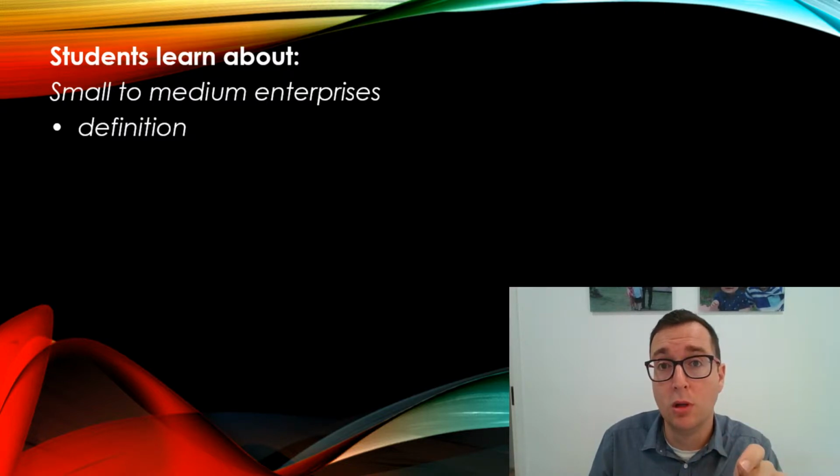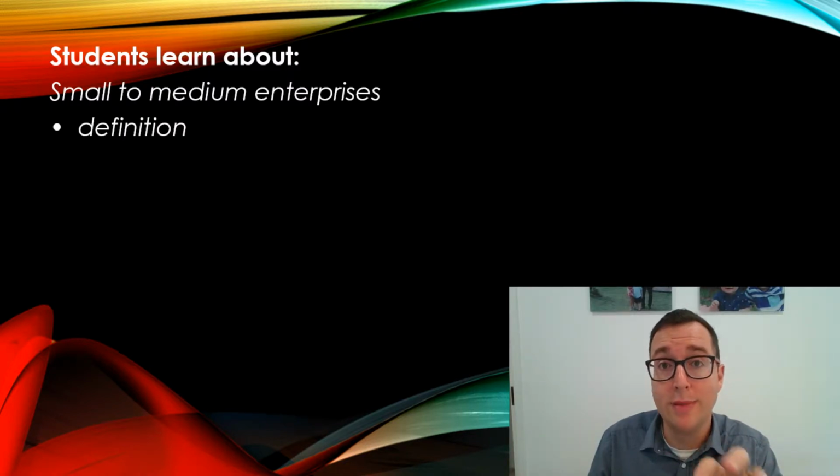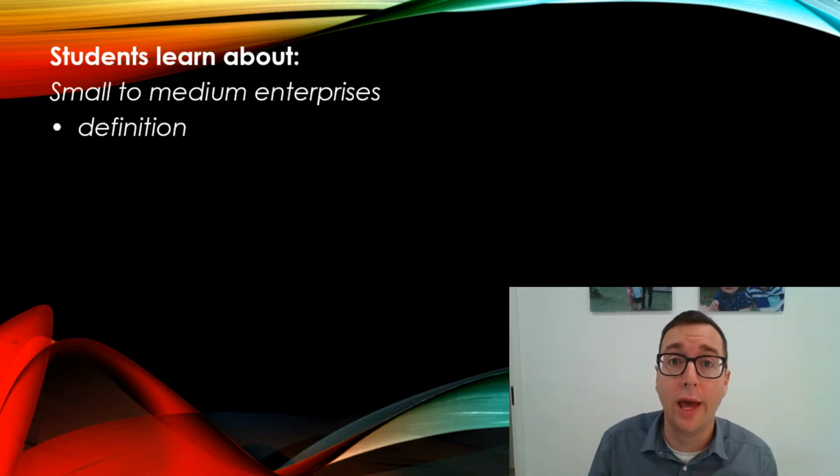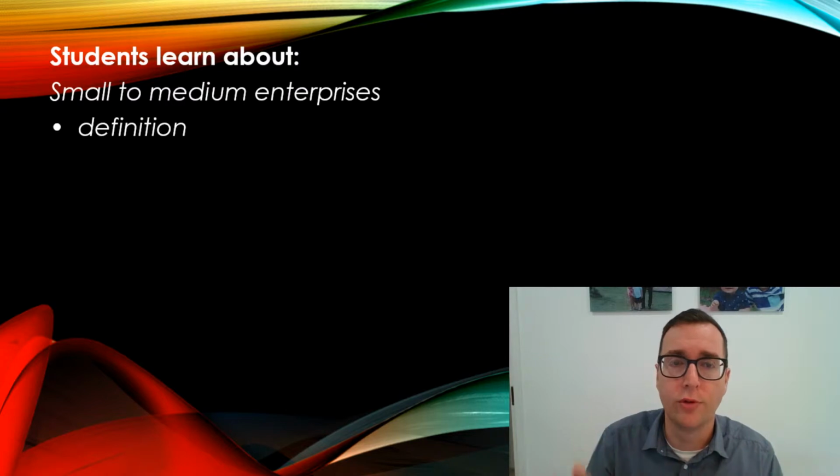Remember, small businesses are 19 or less employees, whereas medium businesses have anywhere from 20 to 199 workers, and therefore that's our definition of SMEs. There's other things too, like turnover and so on, but we define a small to medium enterprise. We take a look at the role of an SME.